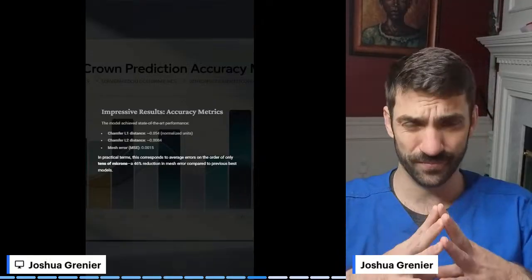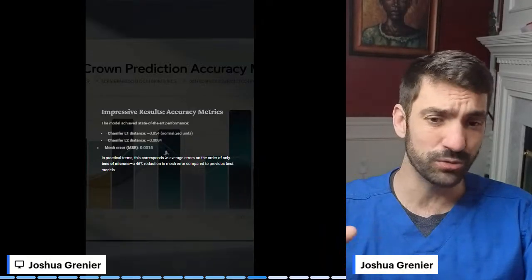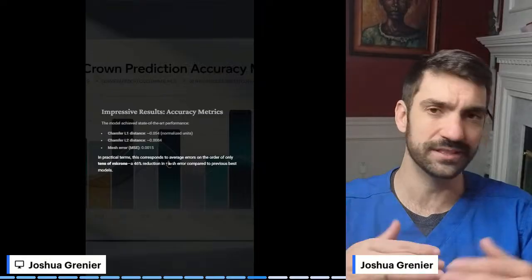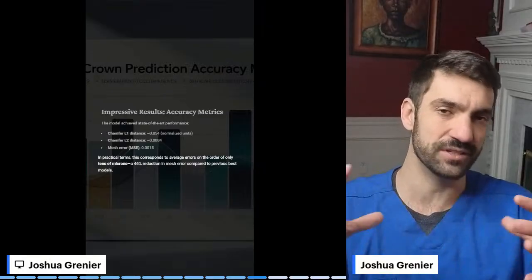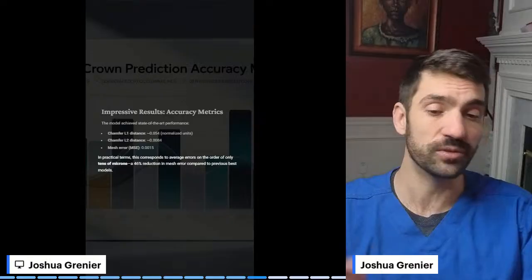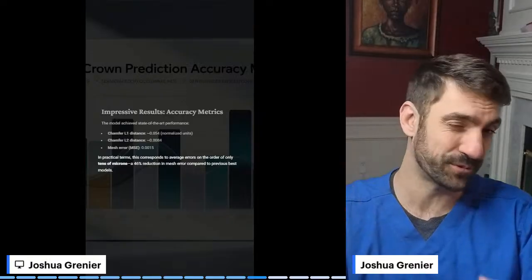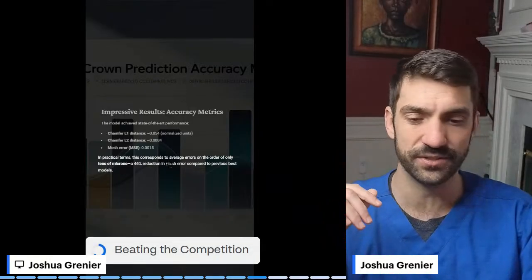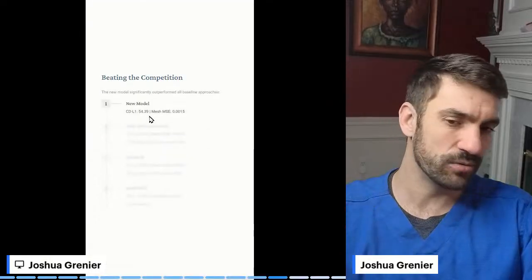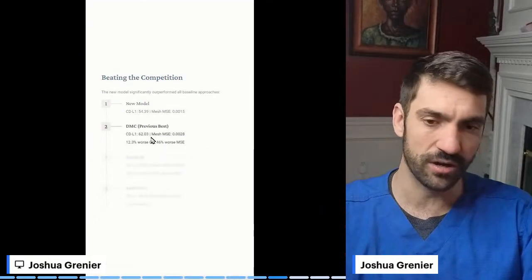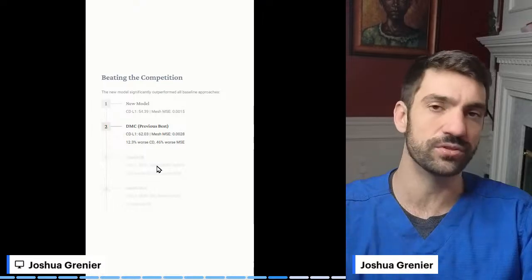But almost, in my mind, this is too close, because natural teeth have even more variation than what we're seeing here. So what this tells me is it could have memorized the data to a degree. And how well did it do? Well, it was a trained model, so it did seem to do quite well.